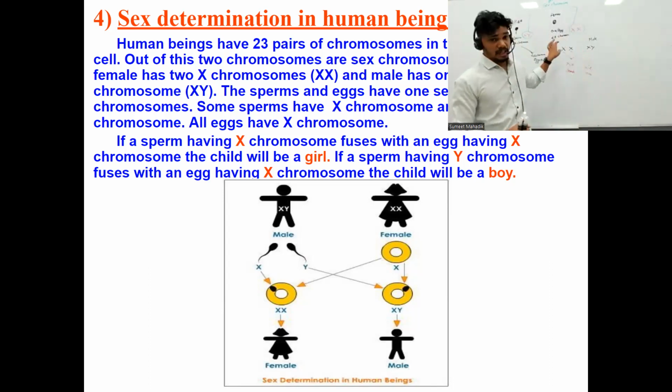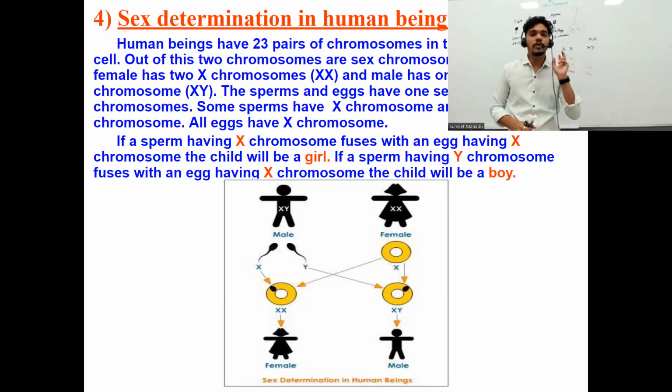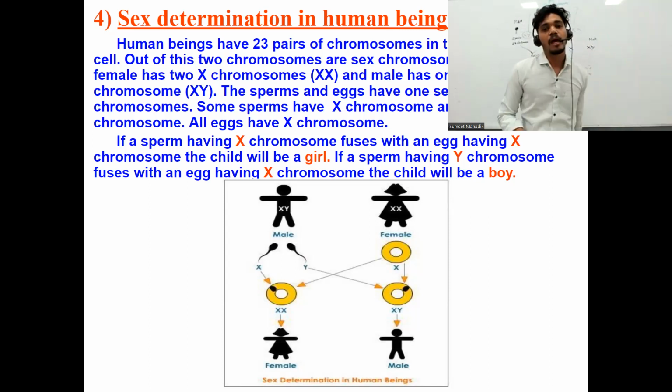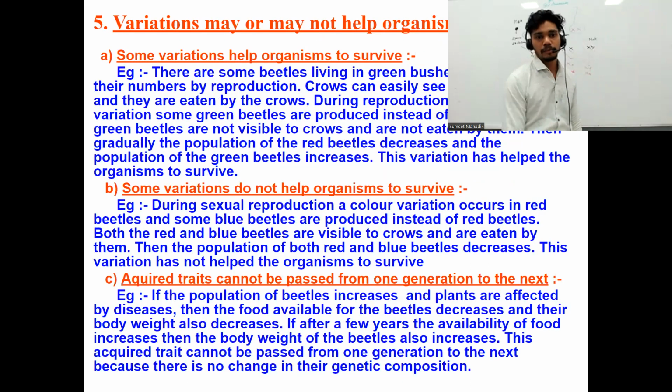Listen very carefully: if the sperm having the X chromosome fuses with the egg having the X chromosome, the fetus will have XX chromosomes, female will be there. The child will be a girl. If a sperm having the Y chromosome fuses with the egg having the X chromosome, the child will be a boy. This point is clear? Very good.